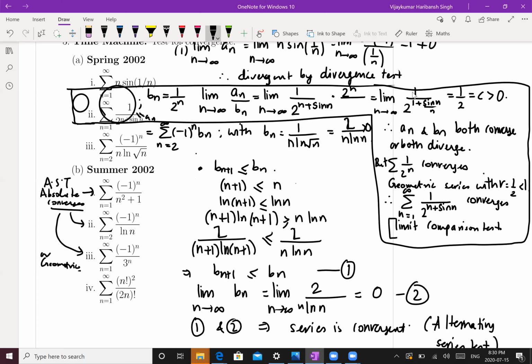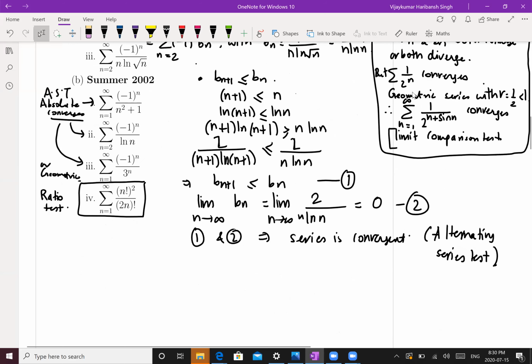In this case, the only test I think we know is the ratio test. So let's apply the ratio test. Let's do the fourth one because it's different from the previous one. So limit as n goes to infinity of absolute value of an plus 1 divided by an.